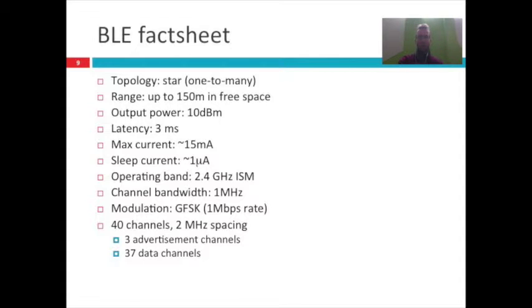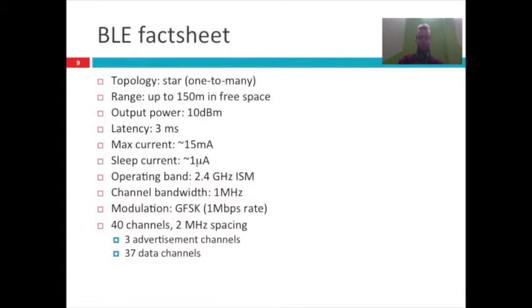It has an output power of 10 milliwatt or 10 dBm. It has a guaranteed or expected latency of the order of 3 milliseconds. The maximal current that is drained from the battery is approximately 15 milliampere, and the sleep current, what is drained when the device is in sleep mode, is approximately 1 microampere.